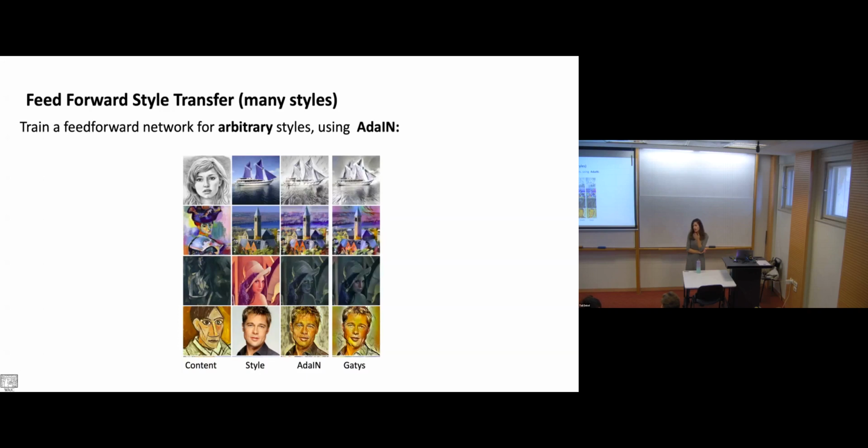Yes, it's a good question. How do you define style? So for example, in my lab, we wanted to target, I think it was CVPR 21, a different stylization task.